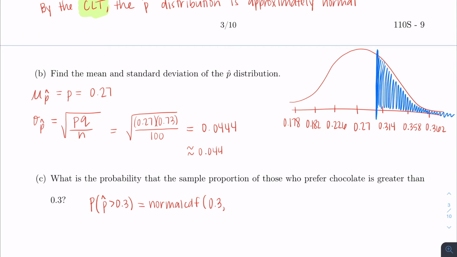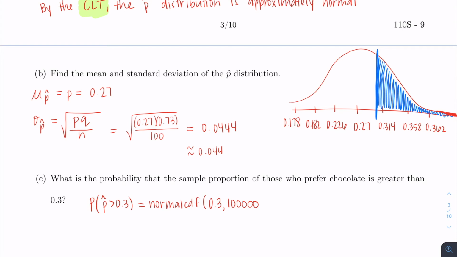Because notice at some point the probability under this normal curve, or the area under the curve, is actually going to be 0 after a certain point. And so if I put a crazy large number, like 100,000, then I'm guaranteed to be getting everything greater than 0.3.